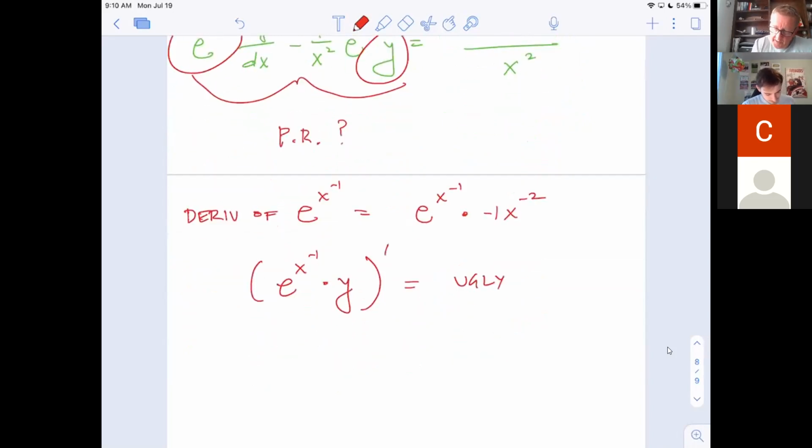Then I could integrate both sides and I'd have e to the x to the negative 1 times y equals the integral of ugly. And if I could survive the integral of ugly, I'd divide by e to the x to the negative 1 and I'd be done, right? Now I look and it says in problems 7 through 16, obtain the general solution, actually solve these problems.